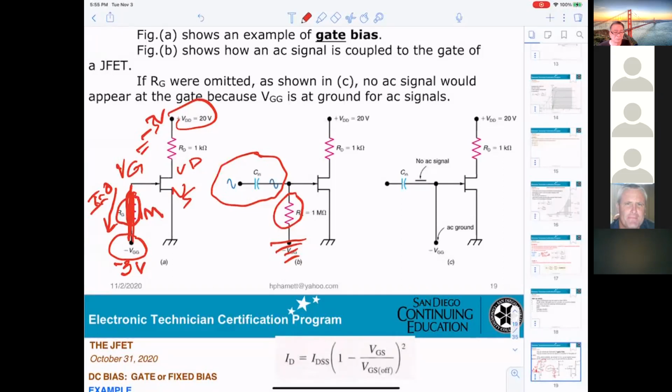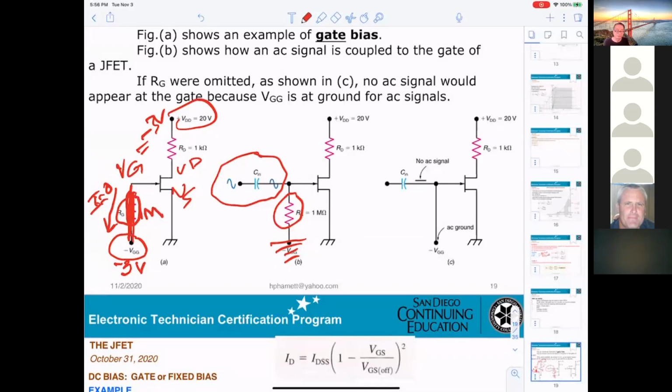We are right now talking about fixed bias. Am I right? Right.